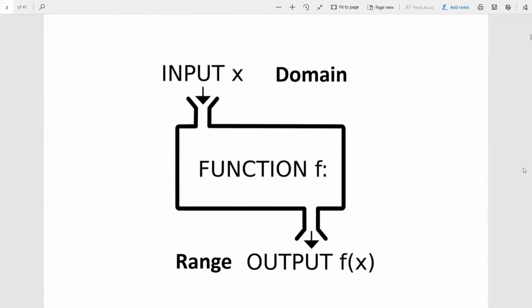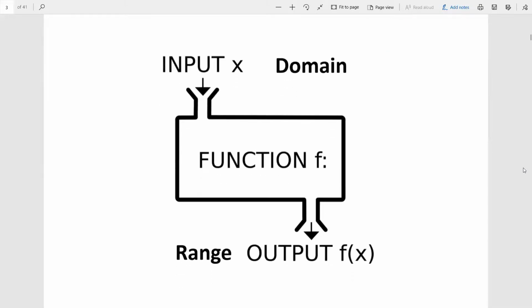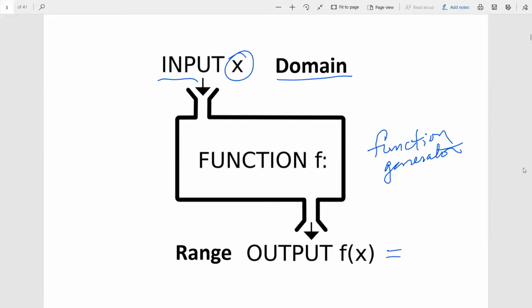We could look at a function sort of like this, in which we have a function generator. You put an input in, and it could be called x or any other variable you want, and this is called the domain. For each x, you get an output f of x, which you might call y.